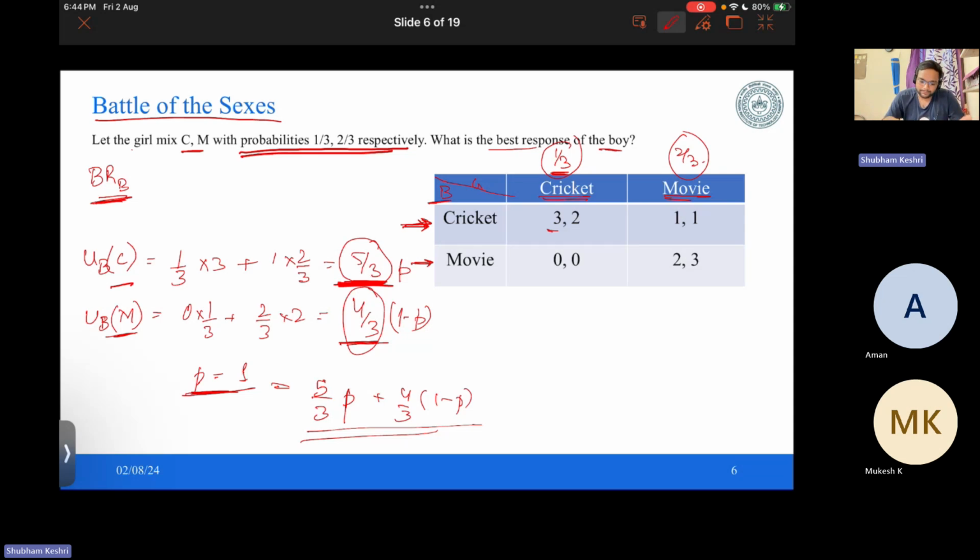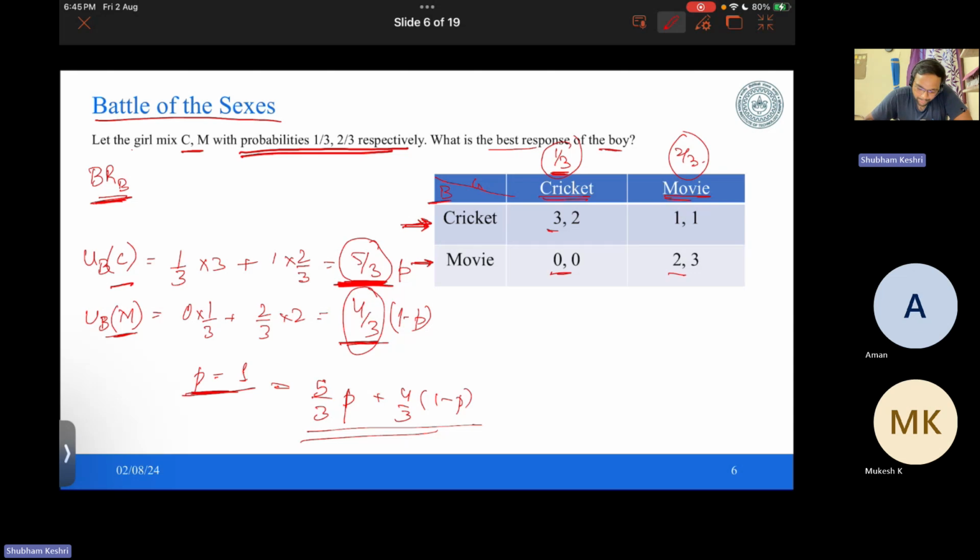So is this clear or do you have some doubt? No, I'm just processing. What you're essentially saying is that because of this formula, you're anyway getting P equal to 1 and hence cricket. But logically, if he always plays cricket, he's getting some utility, at least 3 or 1. Maybe it is because when he plays movie, the first one is 0. It is not because this is 0 or this is 2.